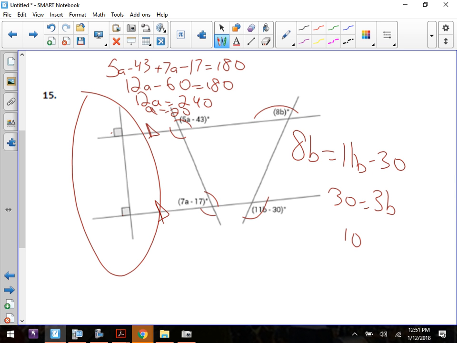I said, it's not drawn to scale. Remember, it's not always drawn to scale.